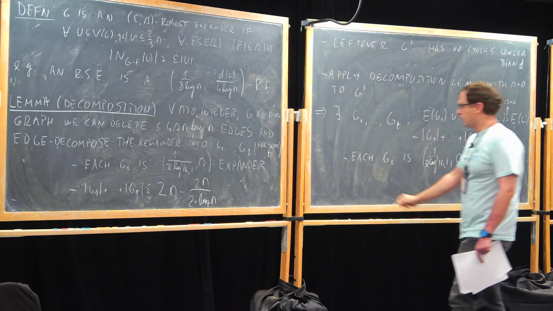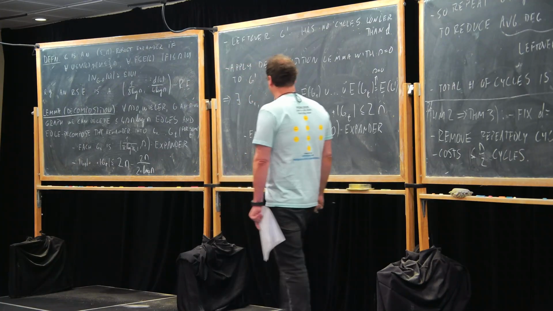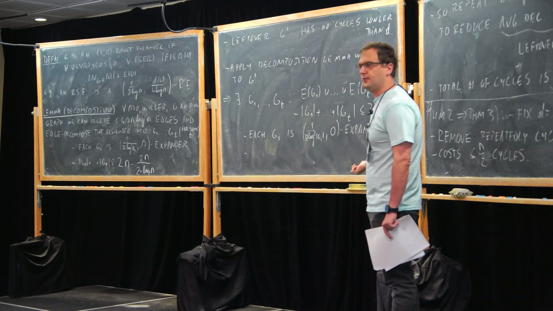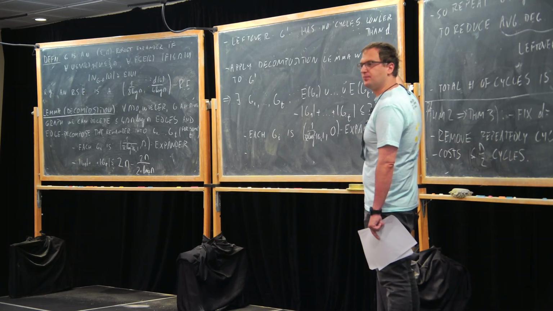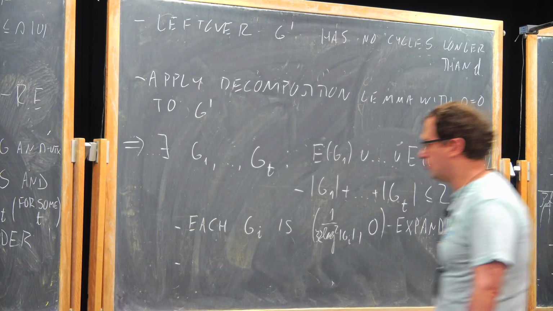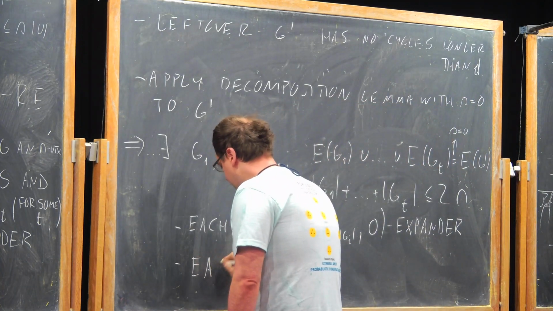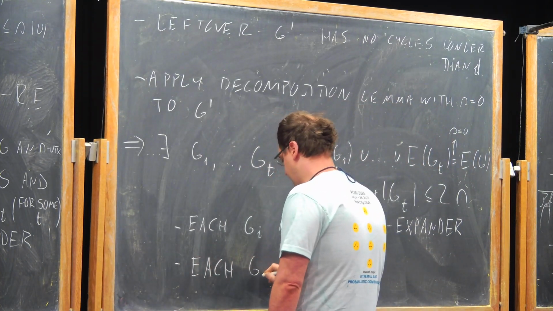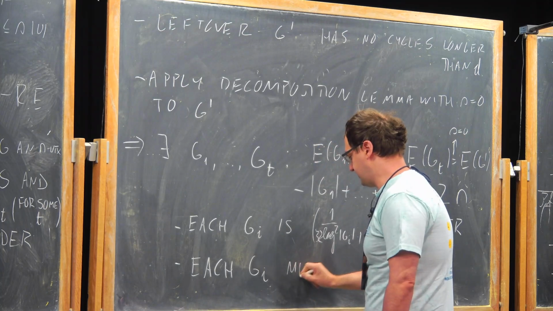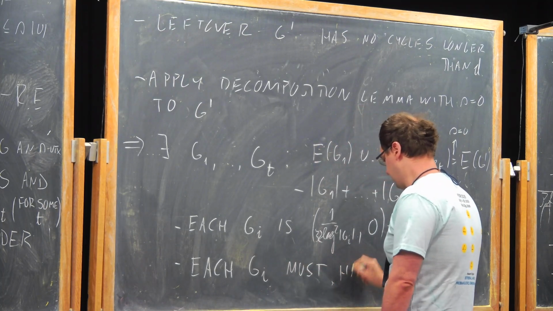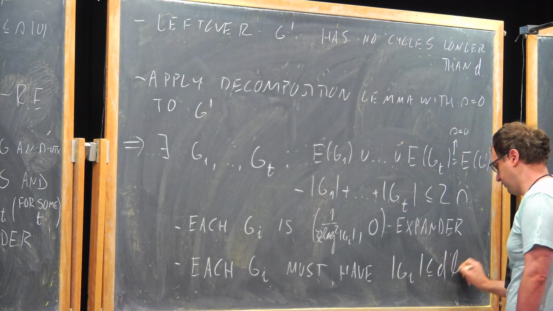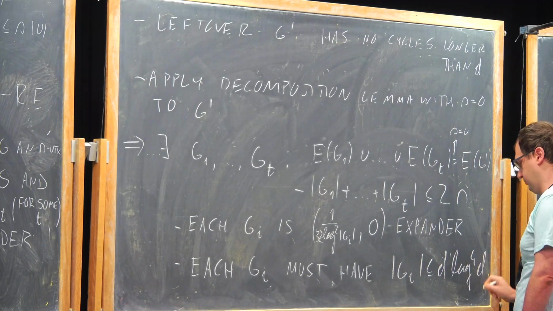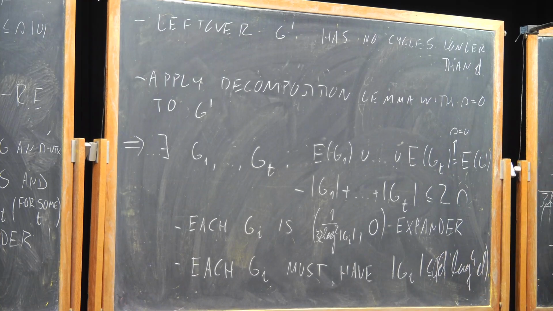Okay. Now, if you remember what we did in the first class, we said that any expander has a long cycle. Right? But we said we killed all long cycles. So each Gi must have size of Gi being less than d log to the 4d, maybe big O. Why?